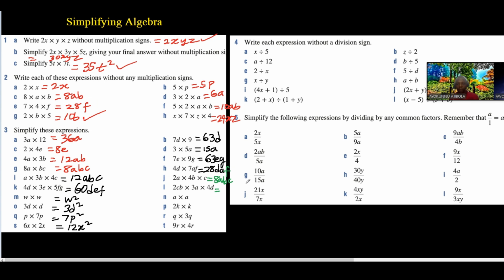That's 24. CBAD, or ABCD? It's ABCD. You call the letters alphabetically, okay?